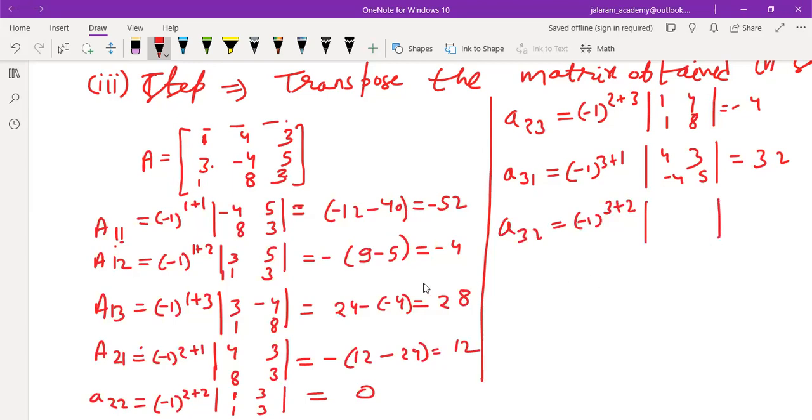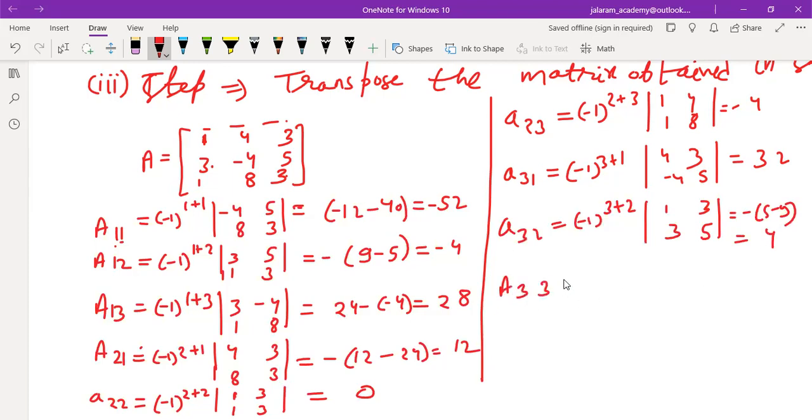Then A32, that is the cofactor of third row second column. So minus 1 to the power 3 plus 2 into the determinant obtained by deleting third row, second column. 1 3 is the first column and 3 5 will be the second column. So it is minus 5 minus 9, minus of minus 4, that is 4.